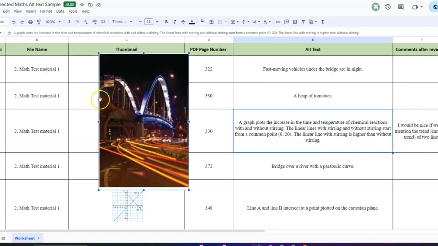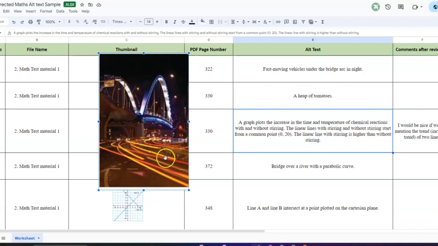Second thing, always remember that your alt text must be to the point. Whatever you are seeing in the image, you just note down that thing. Here there is no need to add your opinion or your observation, nothing else. Whatever you are able to see here, just think like it.